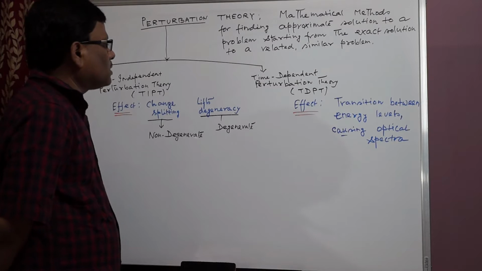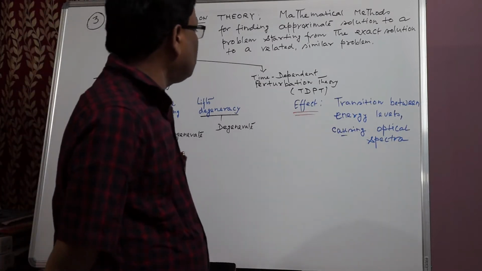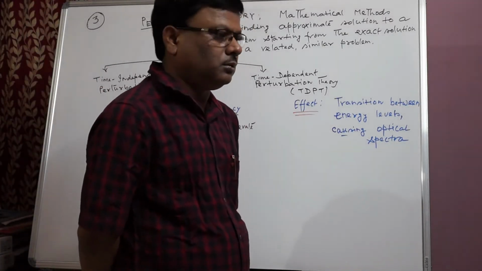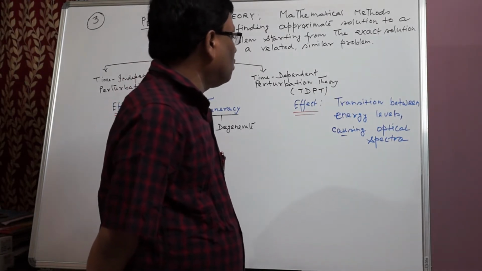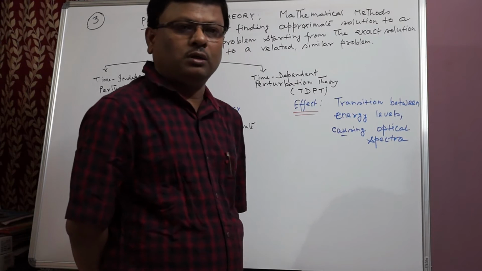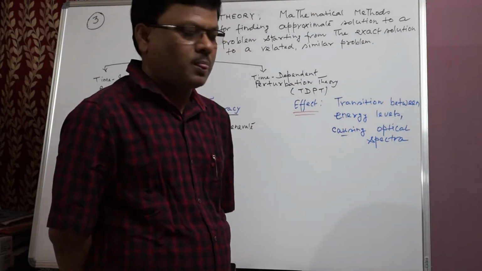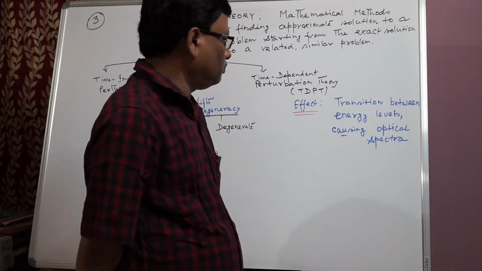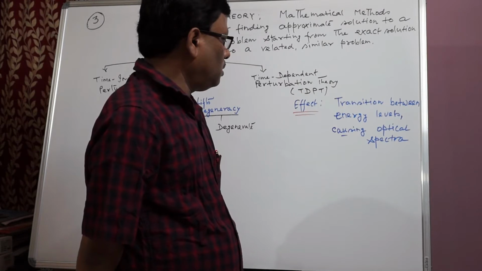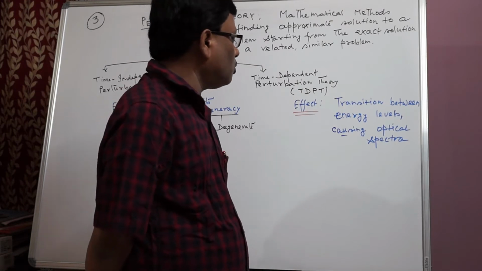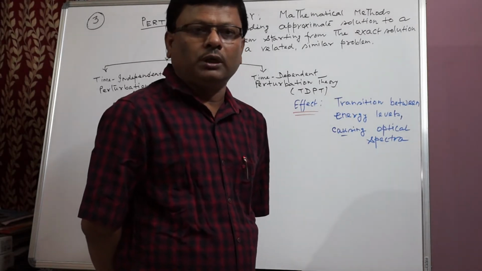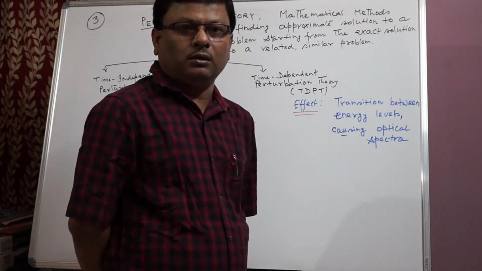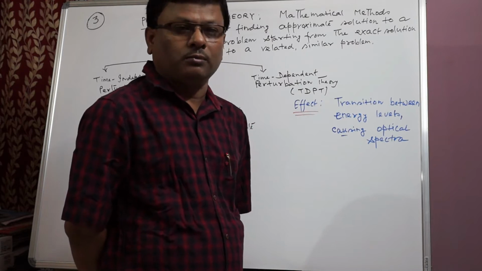And the other perturbation theory is time dependent perturbation theory. Time dependent perturbation theory causes transitions between different levels. The appearance of optical spectra is due to the time dependent effect of perturbation.